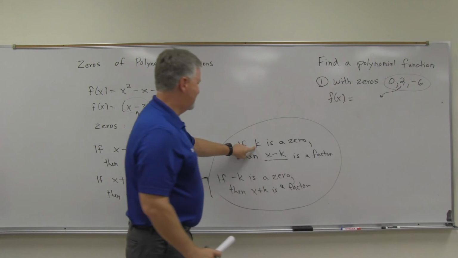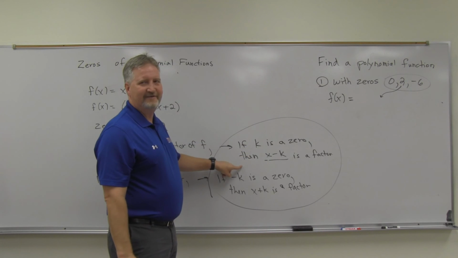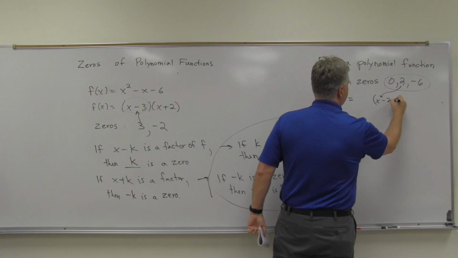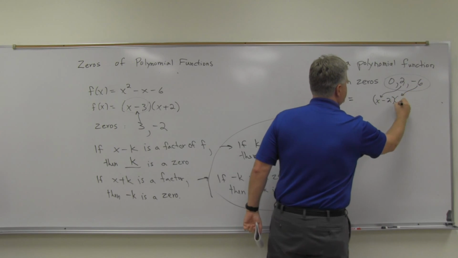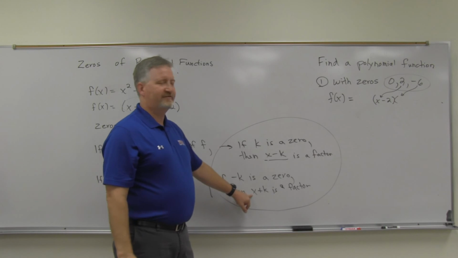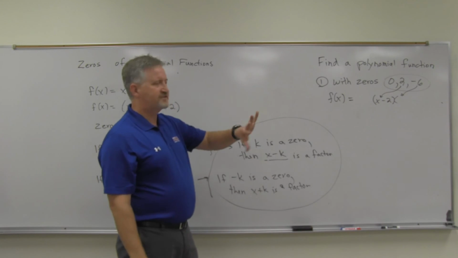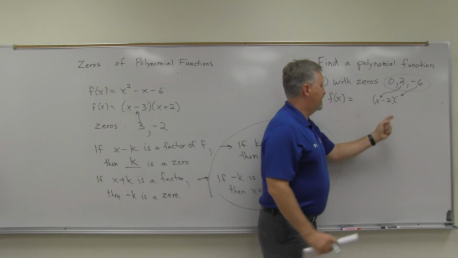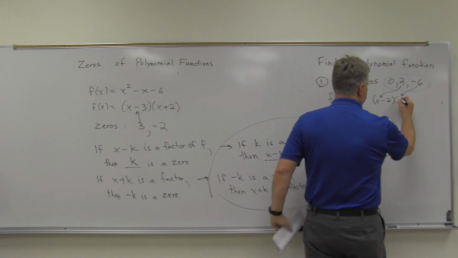If 2 is a 0, then what's a factor? x minus 2. If negative 6 is a 0, what's a factor? x plus 6. So it's just the opposite of what appears there, right? 2, so you go x minus 2. Negative 6, so we go x plus 6.